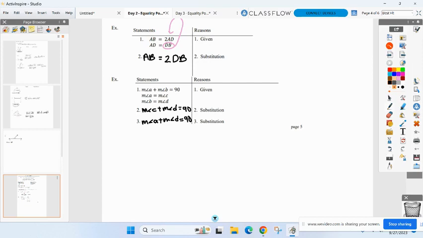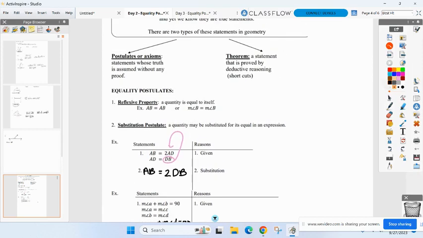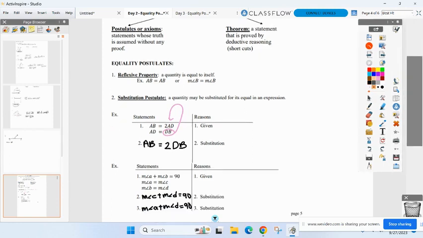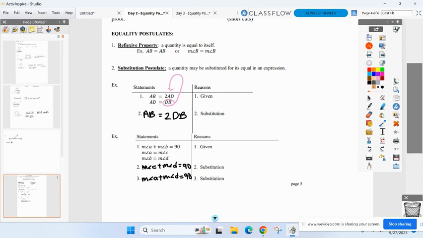And let me give you a little tip that you might want to jot down here. How do I know substitution is going to be involved when we start these proofs? You are going to see repetition. What do I mean by repetition? Look at my first example. Everyone see a line segment that repeated? AD. And in the second one, everyone see an angle that repeated, or actually two angles that repeated.